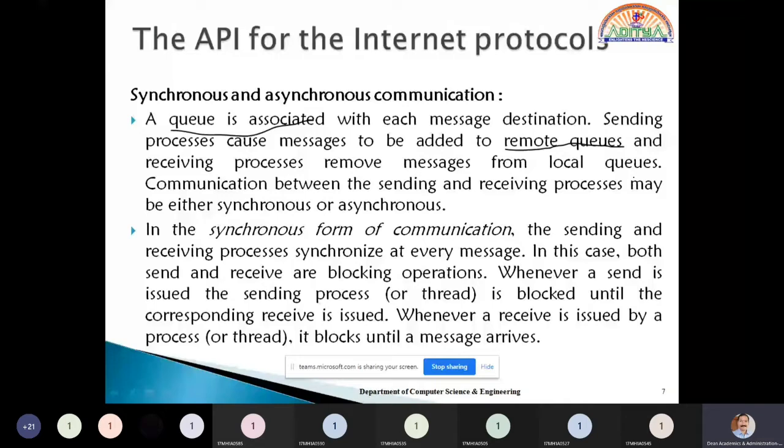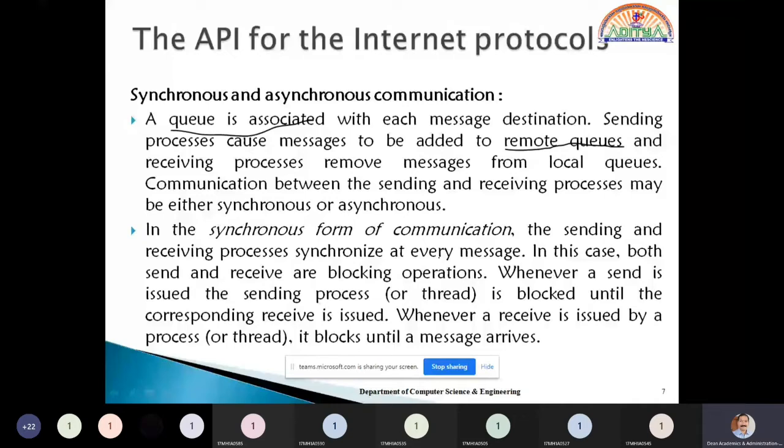This sort of communication between the sending and receiving process may be synchronous or asynchronous. When it is a synchronous form of communication, synchronous means the sender is sending with the same speed as the receiver can receive. The sender is sending the messages at the same speed as the receiver can receive.